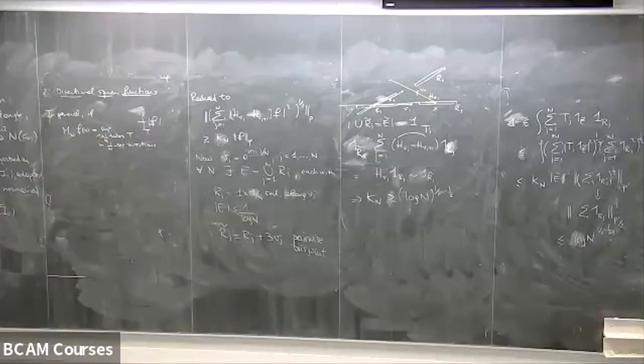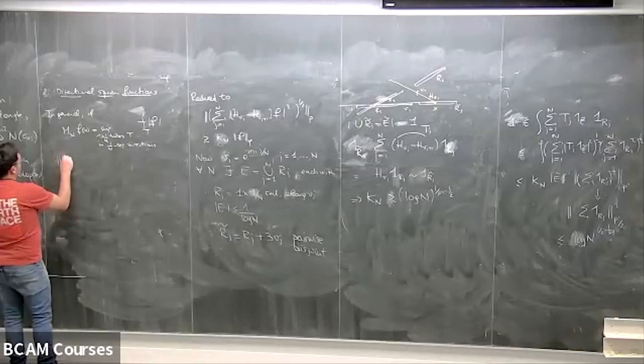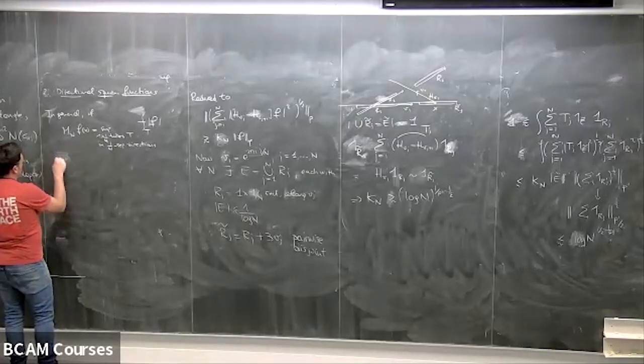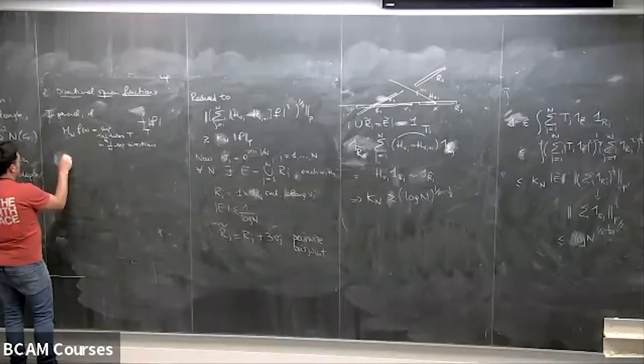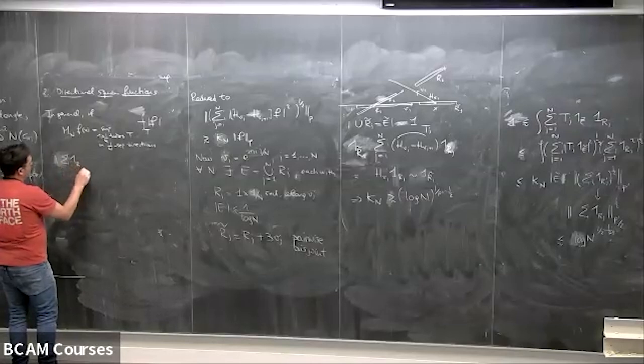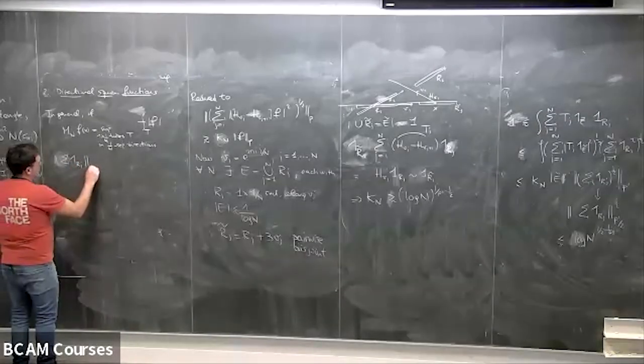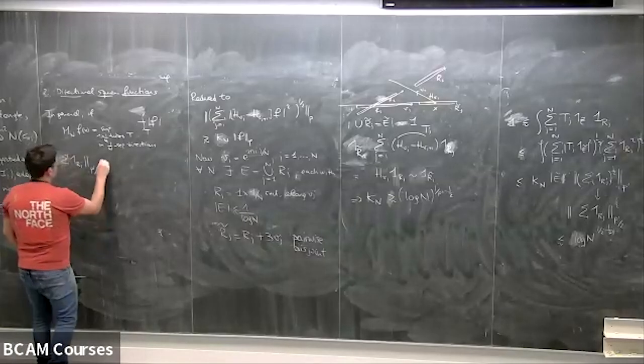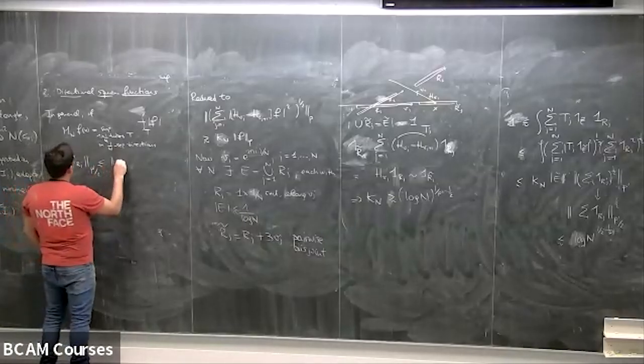This is the so-called Nikodym maximal function that we already saw yesterday. Okay. Now, by taking the adjoint, this is bounded by Mn.